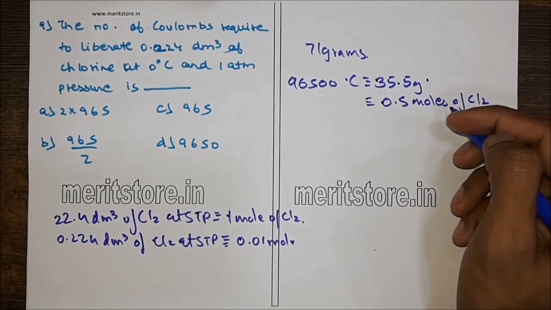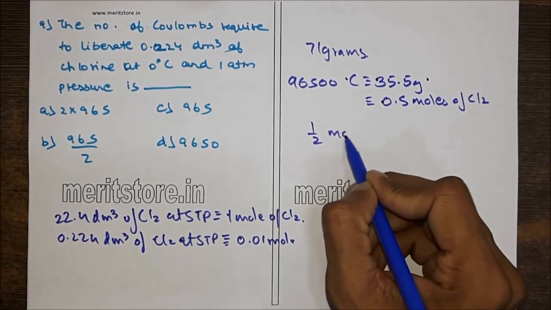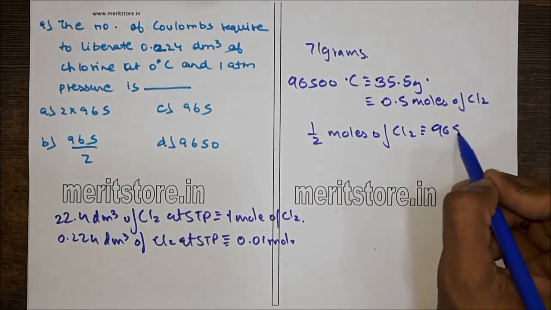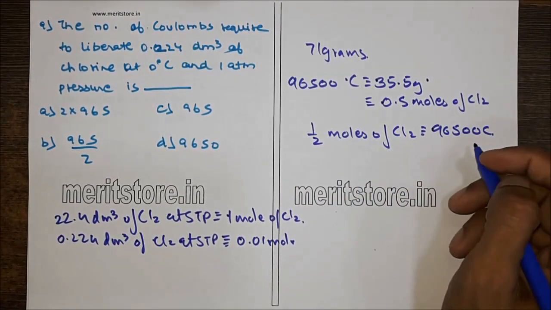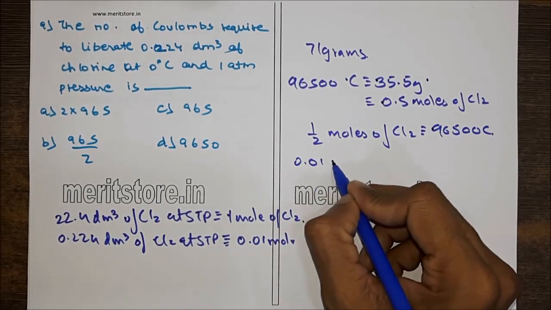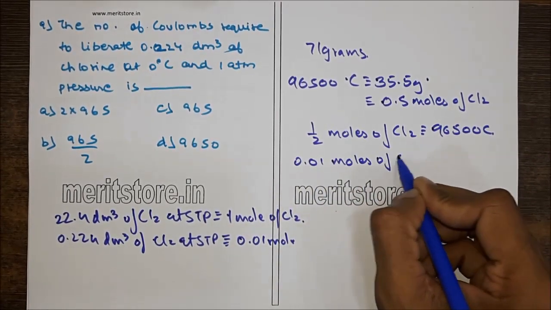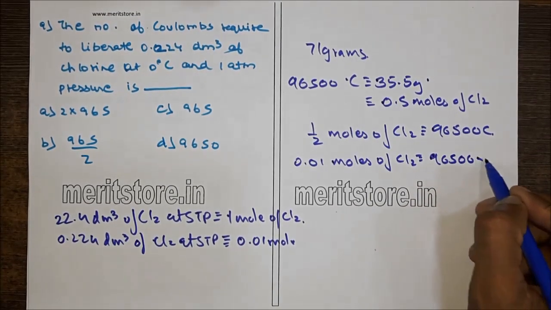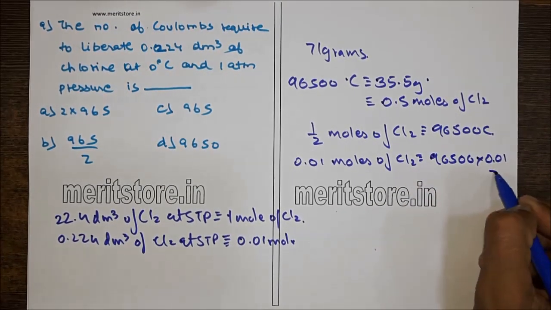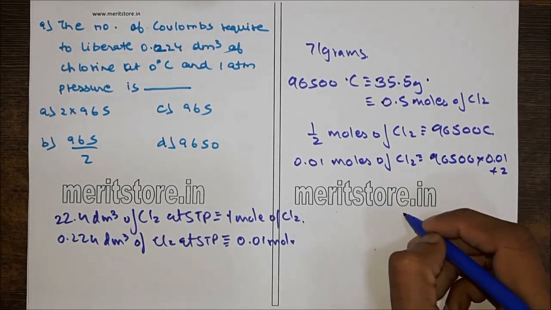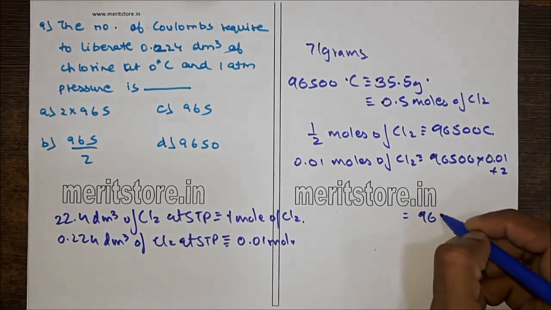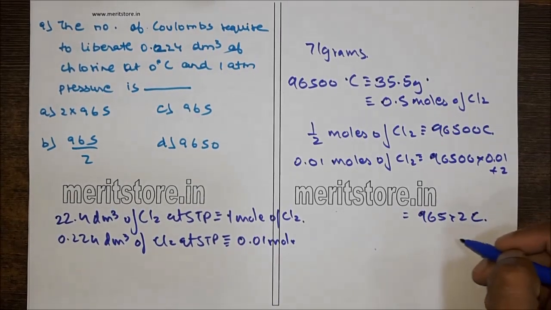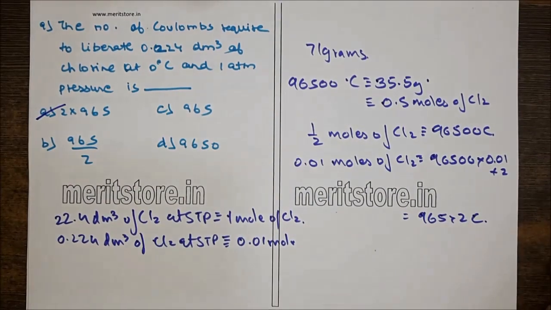So that is half moles of chlorine is equivalent to 96,500 coulombs. So 0.01 moles of chlorine is equivalent to 96,500 into 0.01 into 2, which you get as 96.5 into 2 coulomb, which matches option A. Therefore, option A is the correct answer.